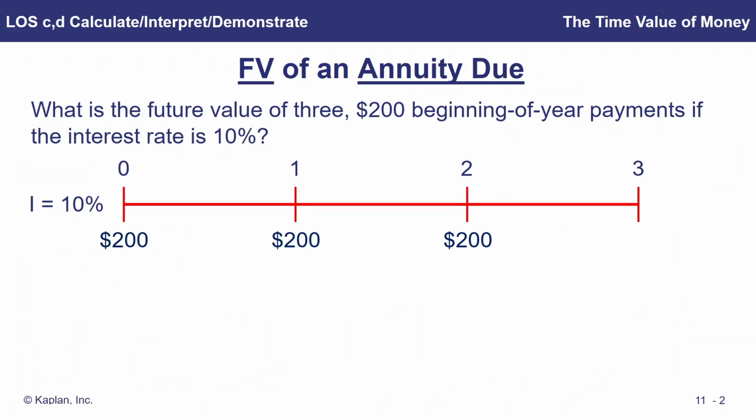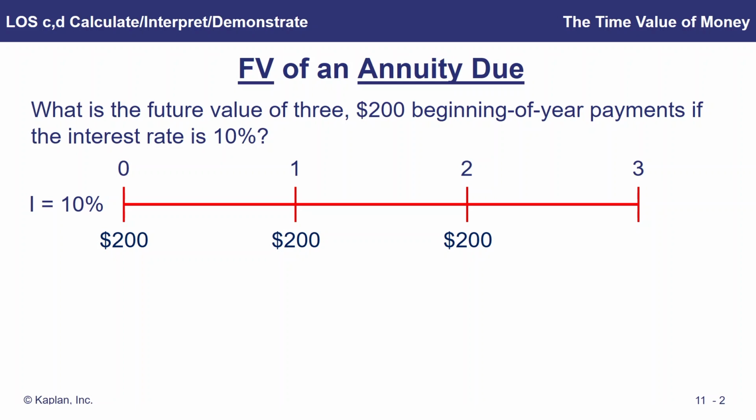Right, future value of an annuity due. Remember earlier, we looked at future value of an ordinary annuity, and we got 662. I'll come back to that in a second because there's a number of different ways of dealing with this. Now, the future value of an annuity due, we've got a 3-period annuity due.